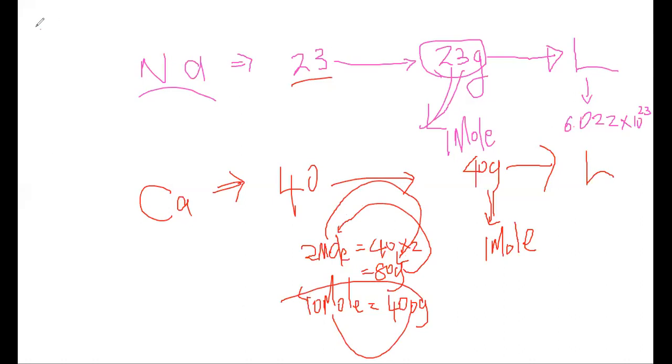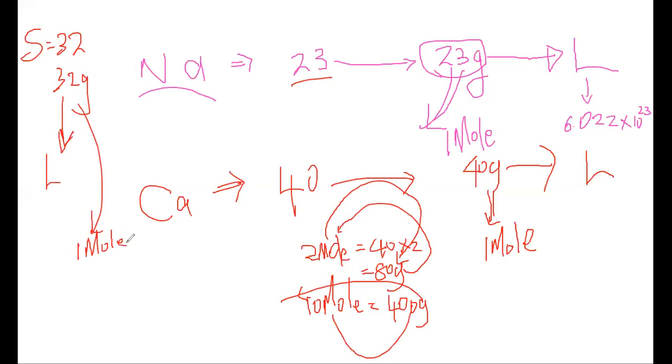If I take, for example, sulfur, relative atomic mass 32. So if you take this 32 gram, it will have the Avogadro constant number, and this 32 gram is also 1 mole. So if you want to take 2 mole of sulfur, how much mass should you take? 32 into 2.